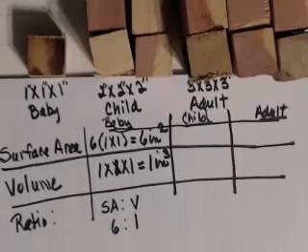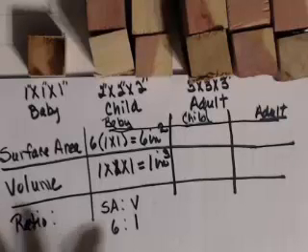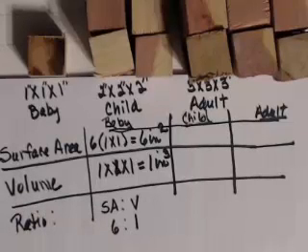So if I look at surface area as being the skin that covers the body, and I look at the volume as being the interior, or the amount of fluids that are within the child, I can see that a 6 to 1 ratio is pretty great. The ratio of skin to interior is 6 times greater.